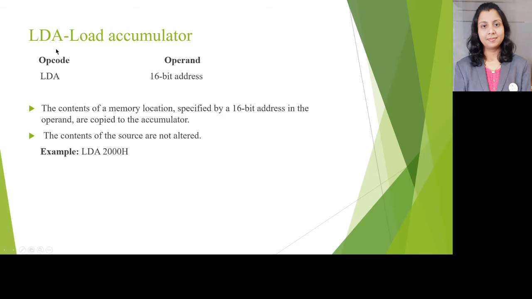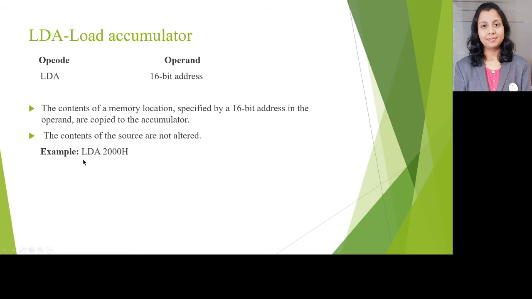Next instruction is LDA, that is load accumulator. Opcode is LDA, operand is a 16-bit address. 16-bit data and 16-bit address are two different things. The contents of a memory location specified by a 16-bit address in the operand are copied to the accumulator. The contents of the source are not altered.